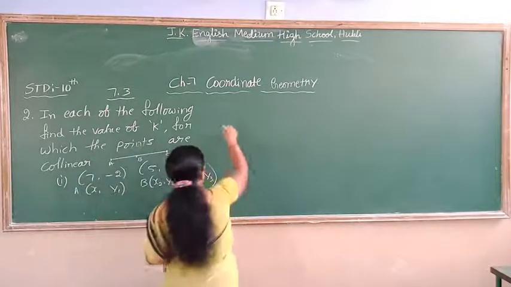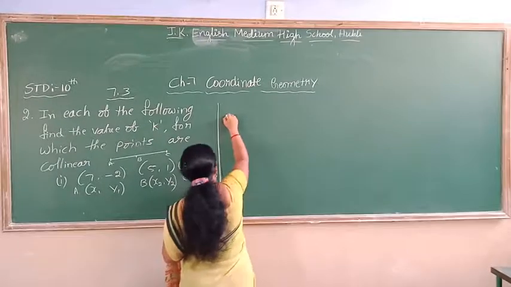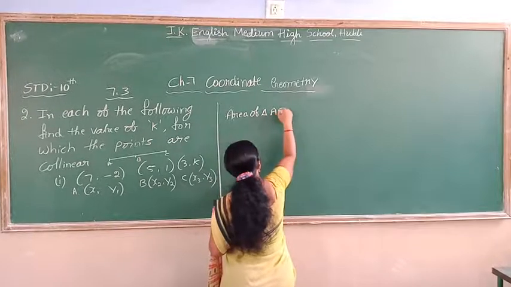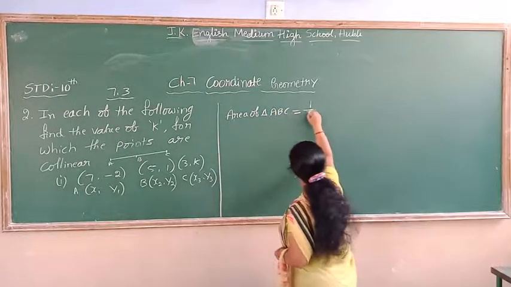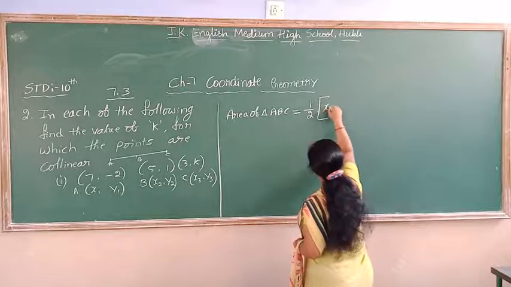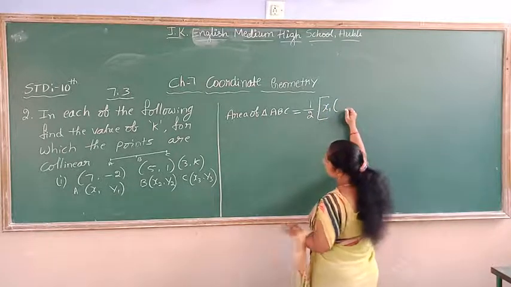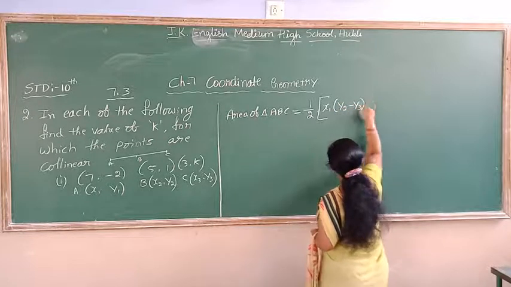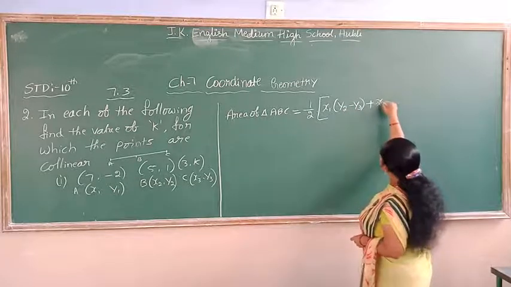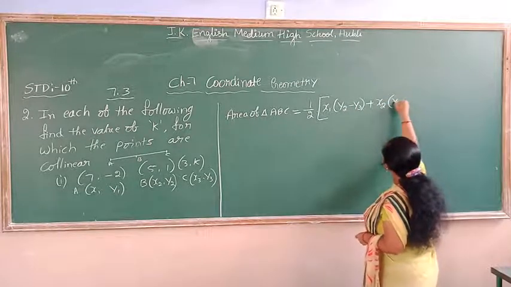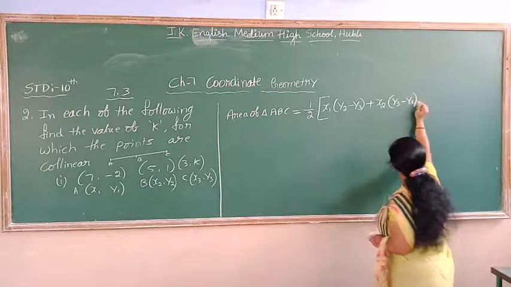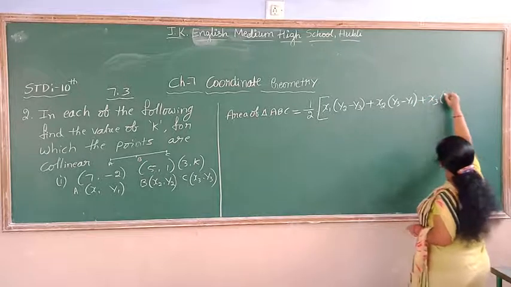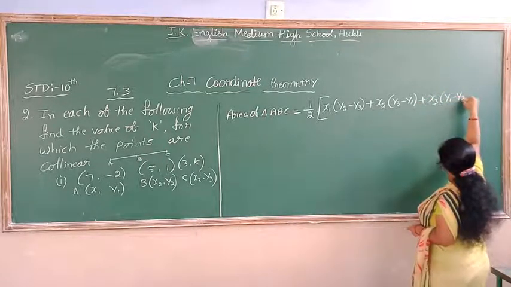Area of triangle ABC is equal to half of x1 into (y2 minus y3) plus x2 into (y3 minus y1) plus x3 into (y1 minus y2).